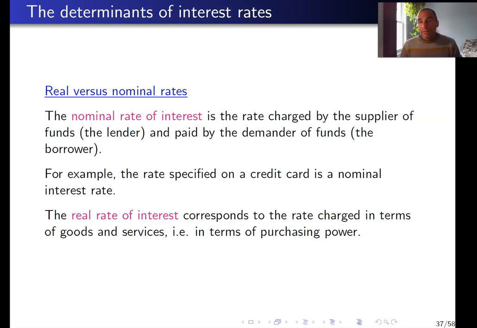At the end of the year, once you withdraw your $106 from the account, can you go to the grocery store and buy 6% more groceries? Will your grocery basket be 6% larger? Will you be able to buy 6% more fruits and vegetables, or soup, or spaghetti?